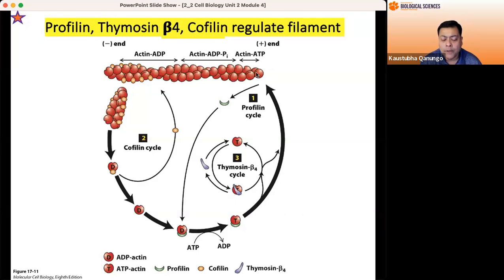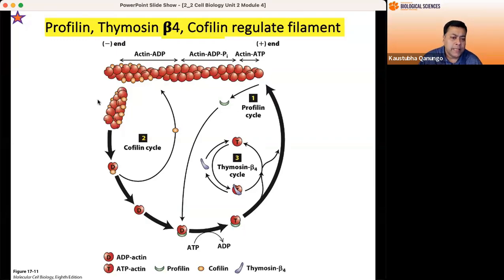So this is basically sequestering or hiding the ATP actin from the globular actin pool of the cell. When thymosin beta 4 binds, they cannot be added to the plus end. Now what happens when the cell actually gets a signal that I need to grow? Thymosin beta 4 will release the ATP actin into the pool, and in a very rapid process, they can be added.